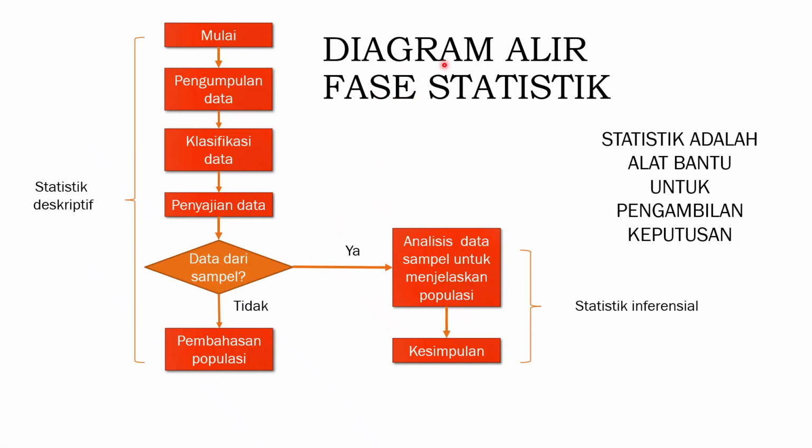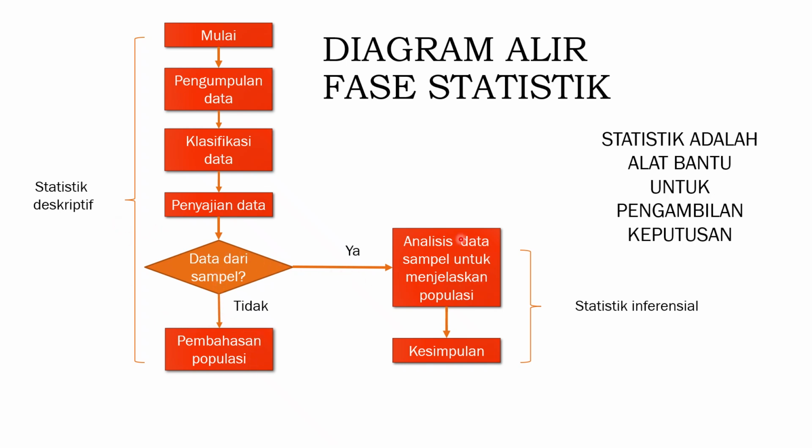And now I will show you the diagram of statistics steps. You can see here the area of descriptive statistics. It starts from collecting the data, classifying the data, displaying the data, and also analyzing the data, including the average, the minimum value, the maximum value, and the standard deviation.